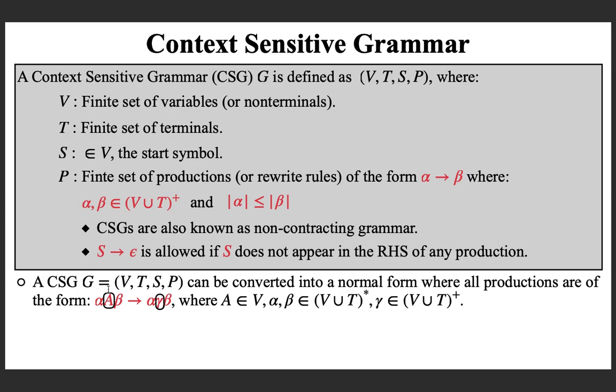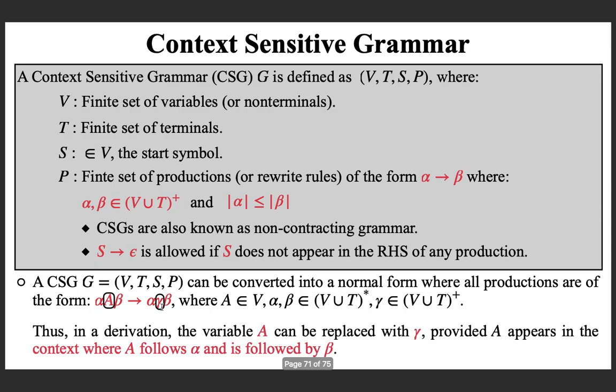Then you can apply the production A going to gamma, and that is why the name context sensitive, because the variable A can be replaced with gamma provided A appears in the context where A follows alpha and is followed by beta. If it is coming in that context, you apply gamma for capital A, and thus the name context sensitive.